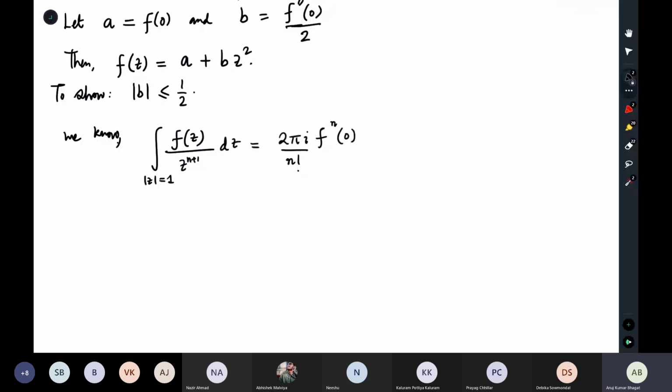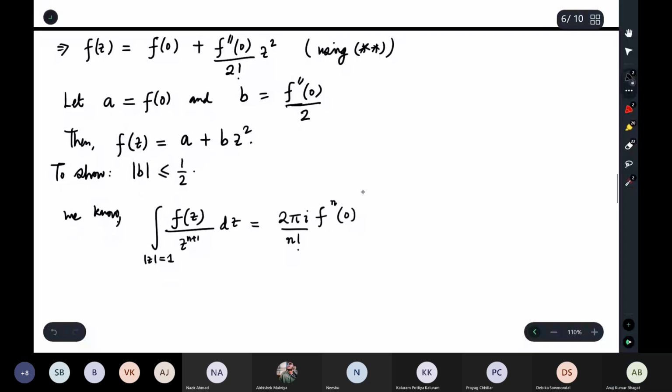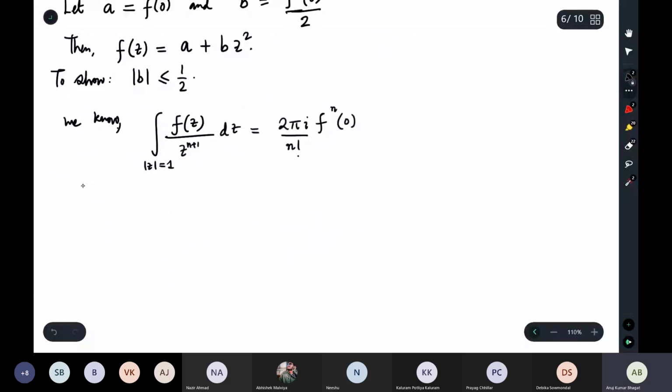Why am I putting here 2? Because I need the double derivative. So for n equals to 2, integration mod z equals to 1 fz by z square, sorry, this will be z cube, right? dz is 2 pi. I'm making some mistake.